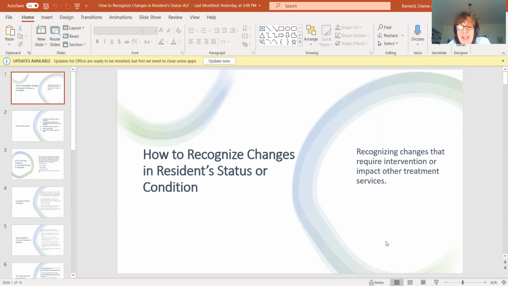implement the care. So it's super important for the person to know what the plan of care is, what the diagnoses are, and what the outcomes are expected. When you don't know what the plan is, you certainly can't recognize if it's effective or it isn't.